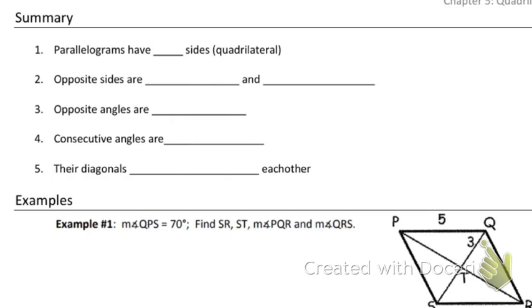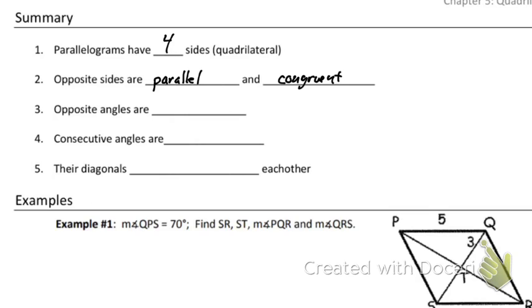First of all, parallelograms have 4 sides. So when I say parallelogram, you should picture something that has 4 sides. Now you're going to picture all 4 of the sides having opposite sides being parallel and congruent.